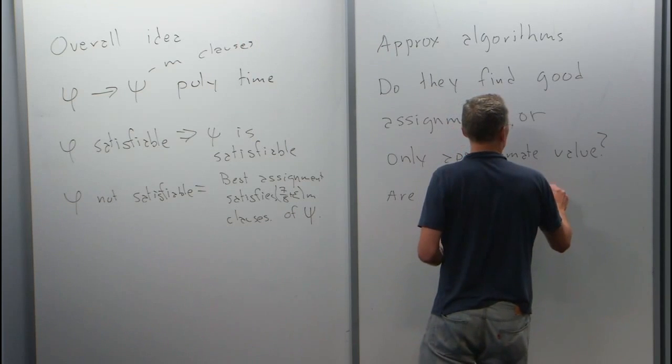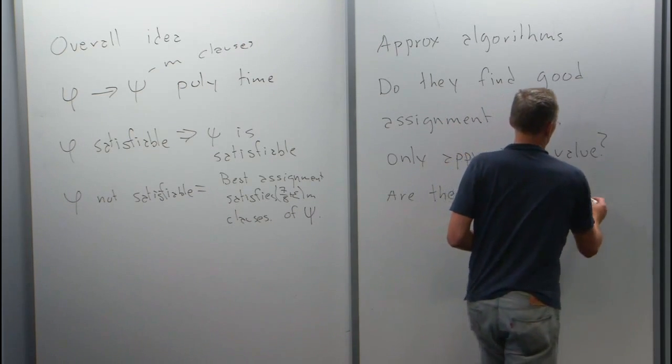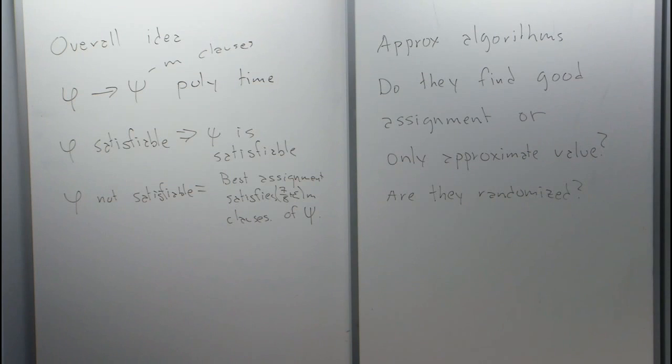One we sort of touched on, but we should determine once and for all. First of all, for these approximation algorithms, I gave the ratio. We could ask for two things. Either they just determine the optimal value, the maximum number of clauses that can be satisfied, or I can actually ask to get an assignment that does this. Clearly, it might be harder to find a good assignment than to determine the value.